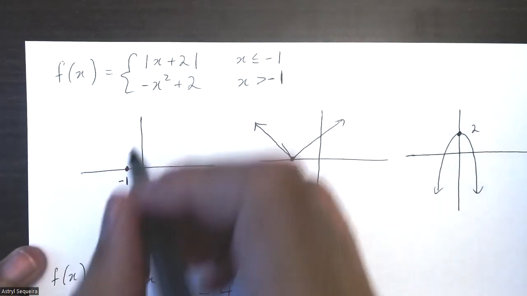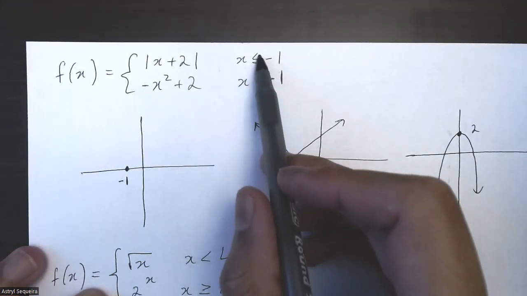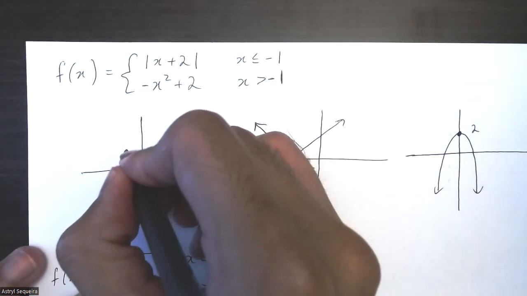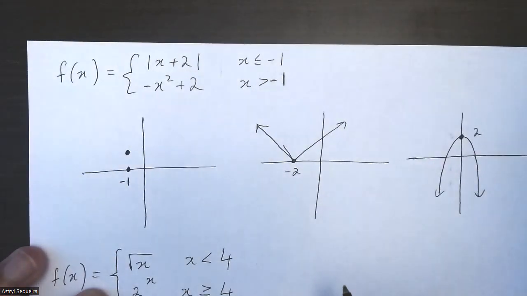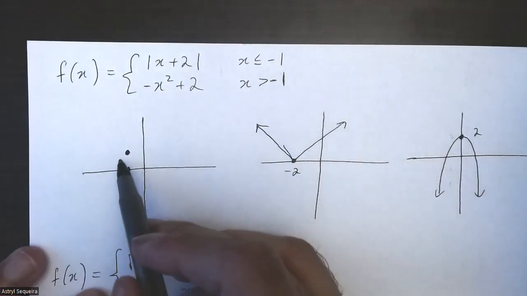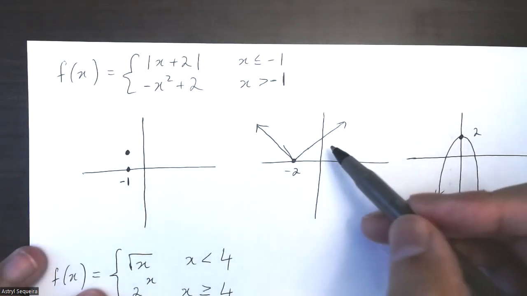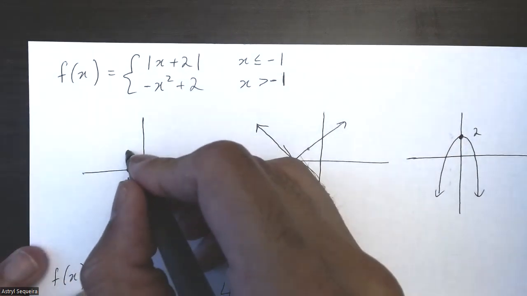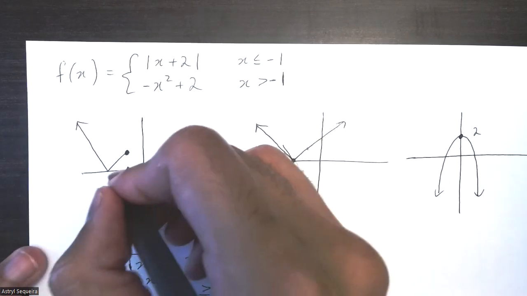So this function is going to be over here at +1. Since it's a less than or equal sign, it's going to be a filled dot. Anytime you have an equal sign, it's a filled dot. And then we know that this point over here corresponds to this over here. And because it's less than, I just have to draw the left side of this function here. So it's just going to look like that.